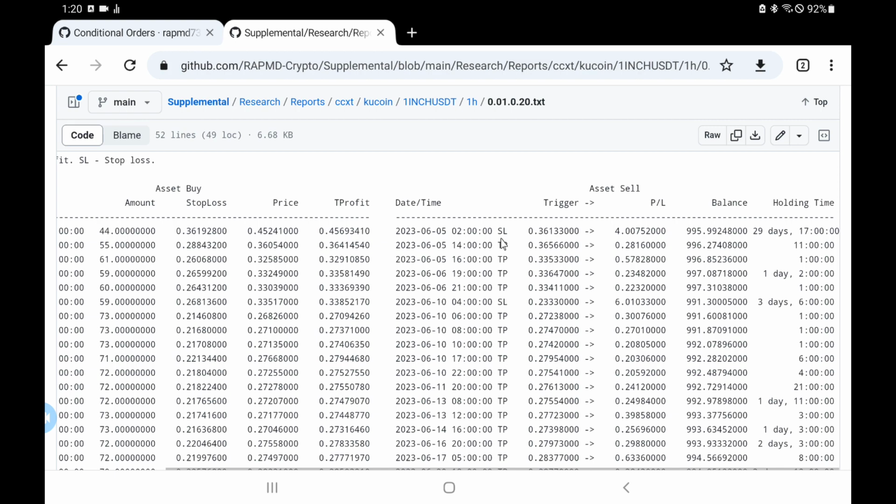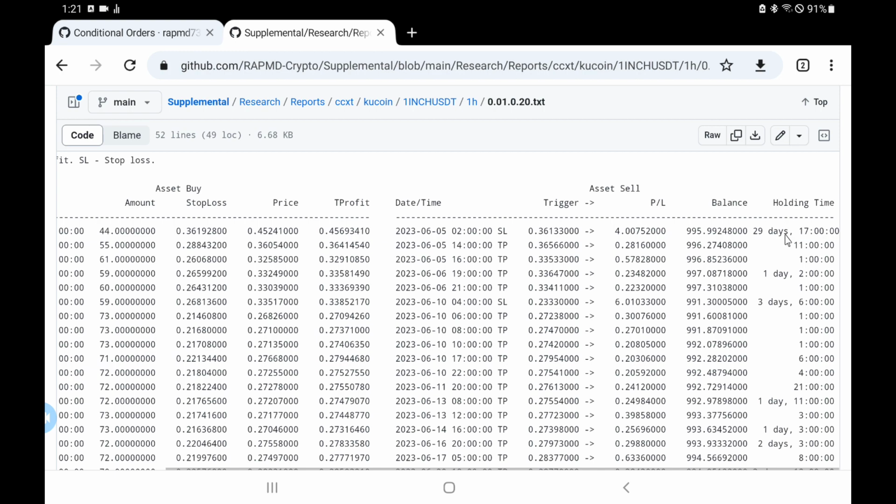As you can see right here, the very first entry is a stop loss. That means I lost money. You can see here the amount I lost and the resulting loss and how it affected my balance.